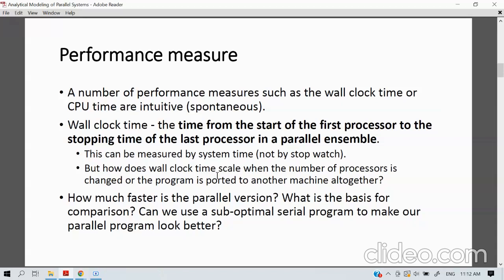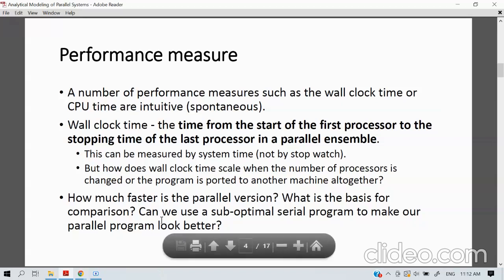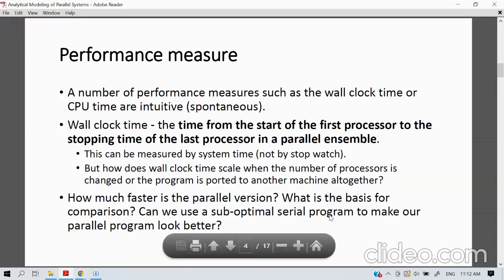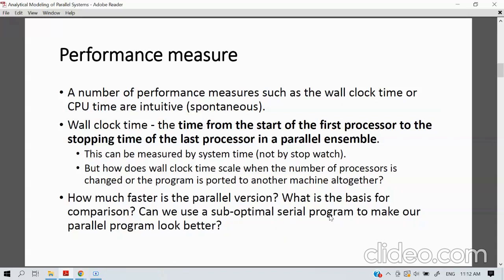If we want to add more processors, do we need to include the time or how? So how much faster is the parallel version? What is the basis of the comparison? Can we use a suboptimal serial program and so on? So we need to measure the performance.